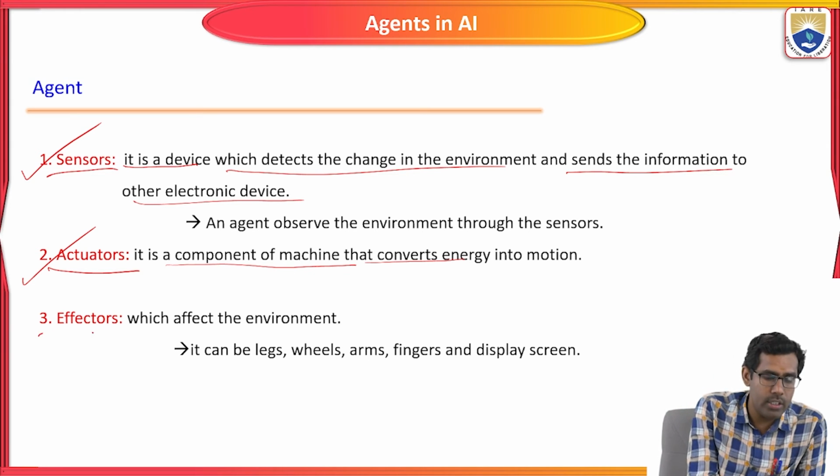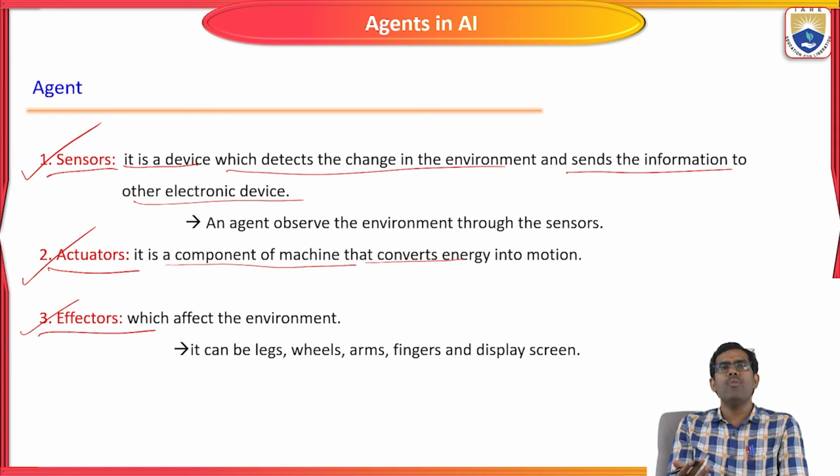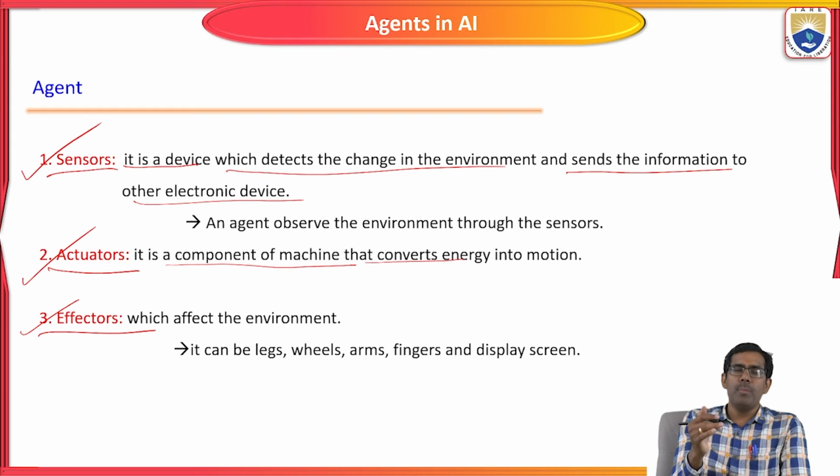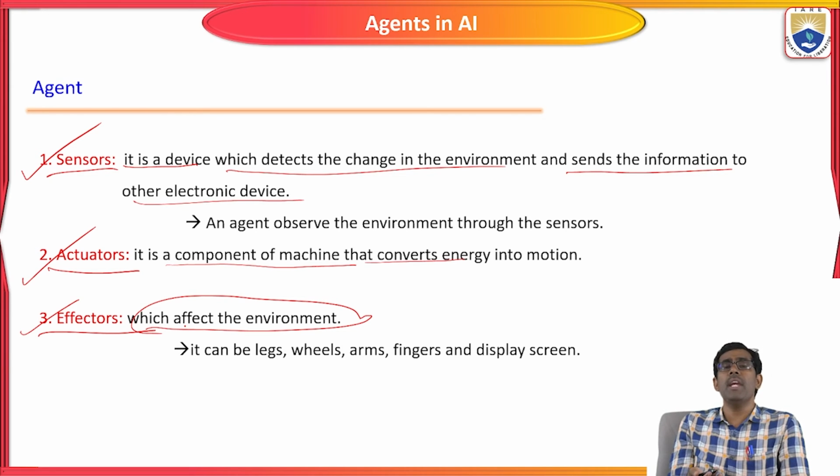The third one is the effector. The effector is nothing but based on that environment. Already we know that the agent will sense the environment through the sensors, right? So based on that sensor, which components are going to be affected here? Which one affects the environment?